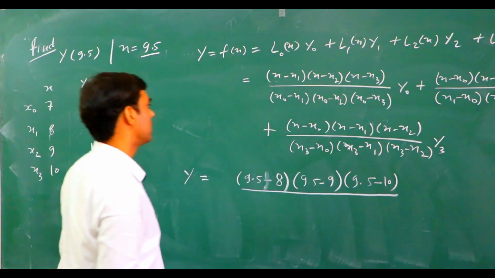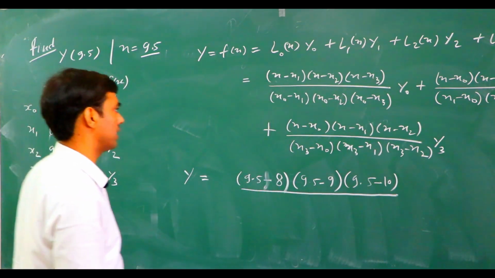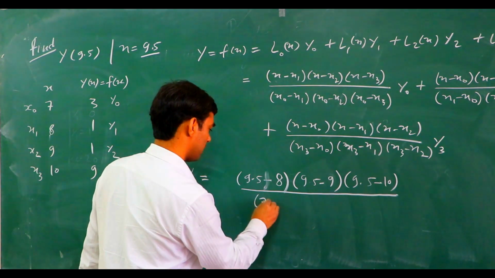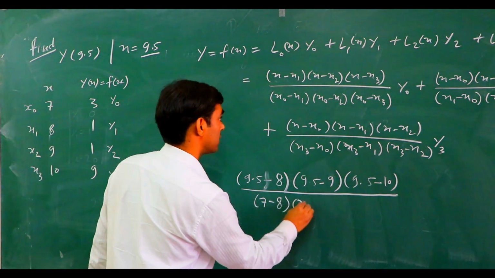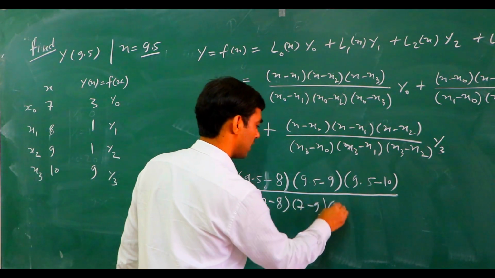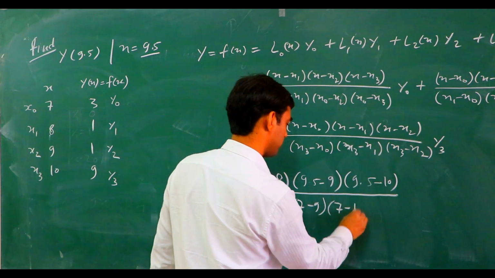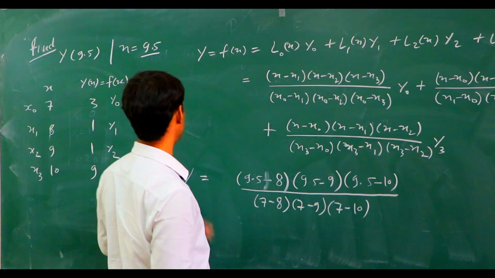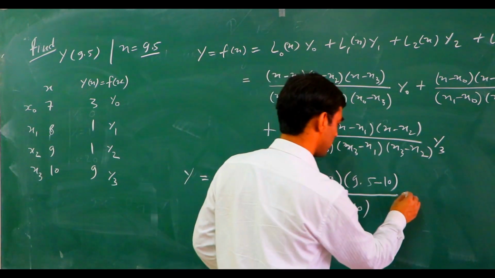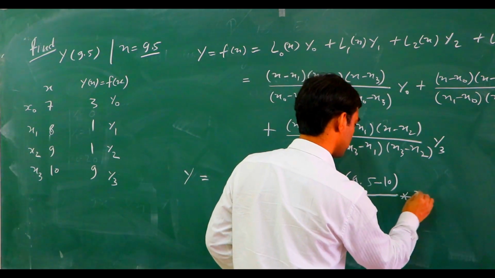Divided by x0 minus x1: 7 minus 8, 7 minus 9 and 7 minus 10, into y0. The value of y0 is what? The value of y0 is 3.